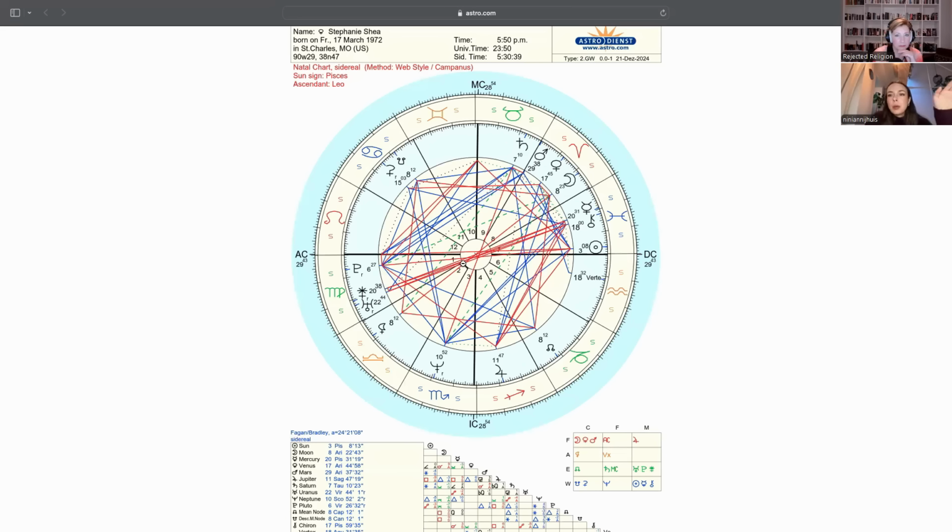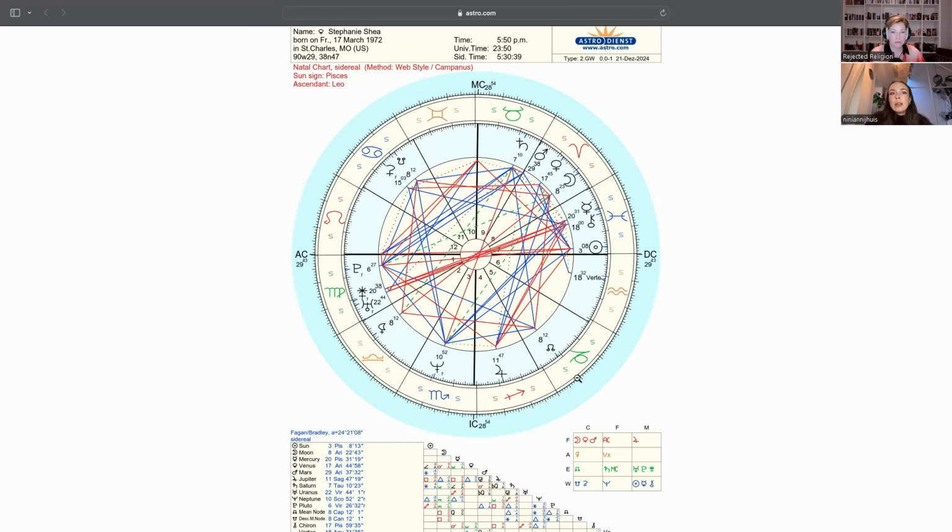Also, for people who don't know that much about astrology, everything within the circle is the same, whether it's tropical or sidereal. All the aspects that the planets are making, the lines, are exactly the same as in a tropical chart. So aspects work in both systems.